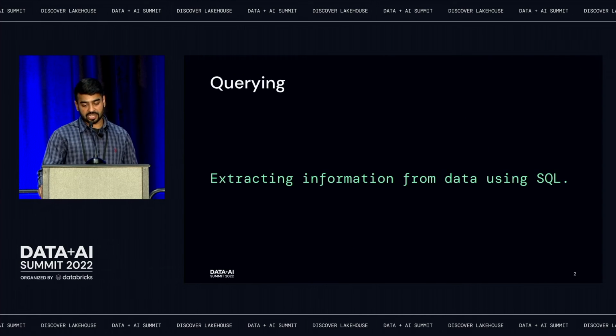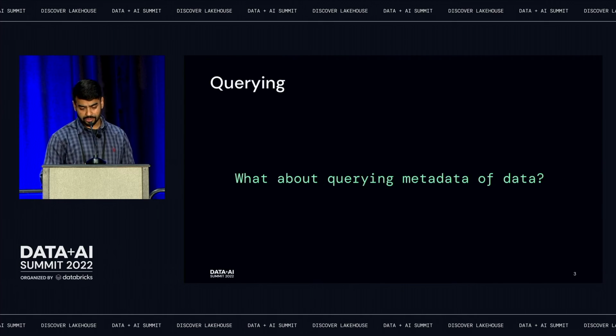Before we talk about interactive and scheduled querying, let's go over what I mean by querying itself. Querying is the process of extracting information from data using SQL. This usually involves computation on data, but that's not really a requirement. For example, we run queries to even understand the data. We usually refer to them as metadata queries.